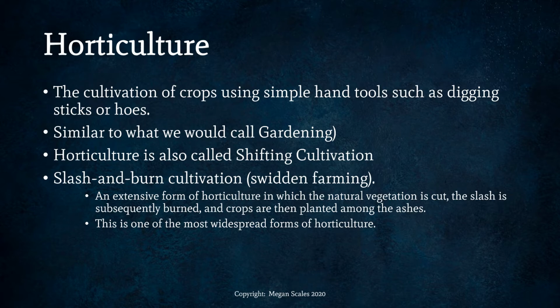Another one is slash and burn cultivation, also called swidden farming. It's an extensive form of horticulture in which the natural vegetation of an area is cut, the rest is burned, and the crops are then planted among the ashes. This is a common and widespread form of horticulture.